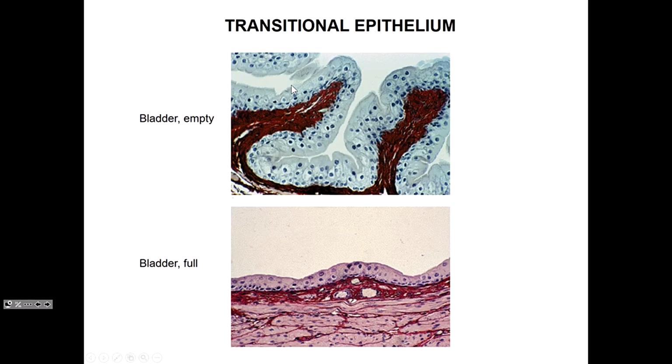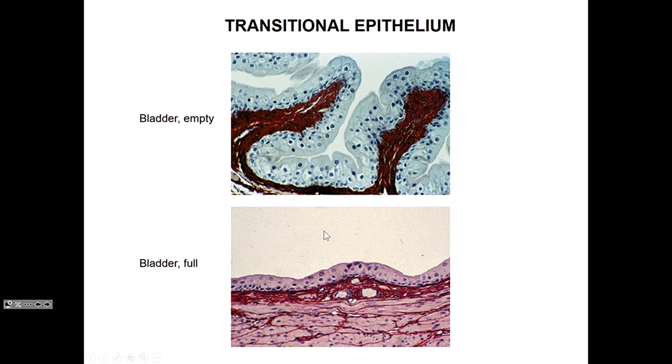And here you can see empty and full bladder. This layer of cells is collapsed upon itself, okay? Whereas here they're distended. But in both cases, this is transitional epithelium. And I might pose the question, in the bladder, classify this epithelium: simple squamous, simple cuboidal, stratified squamous, stratified cuboidal.